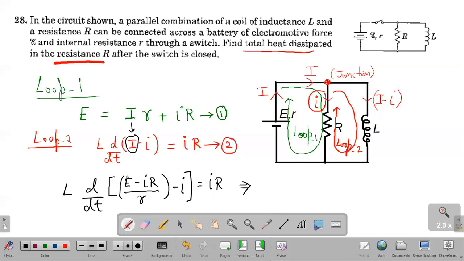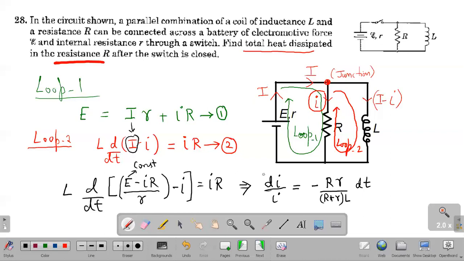Then you simply rearrange all the terms, and after rearrangement I get di over small i equal to minus capital R small r divided by (capital R plus small r) times L, times dt. This is after all rearrangements. Then comes the integration part.